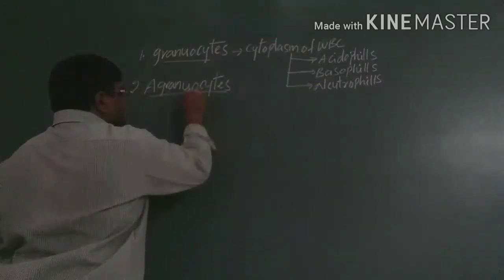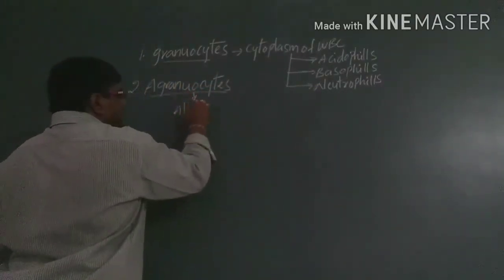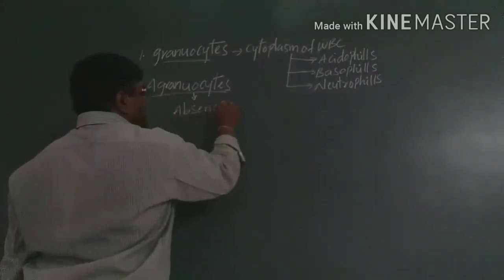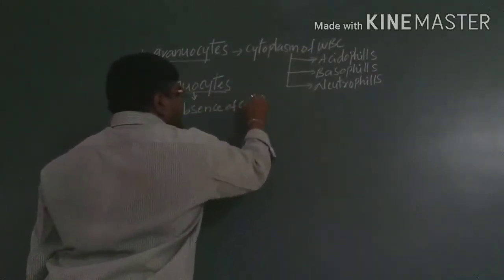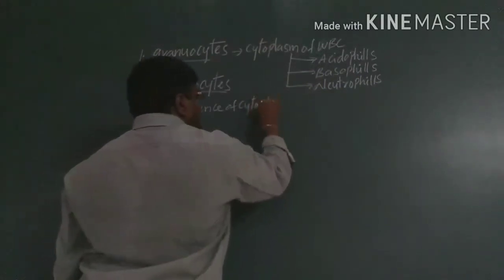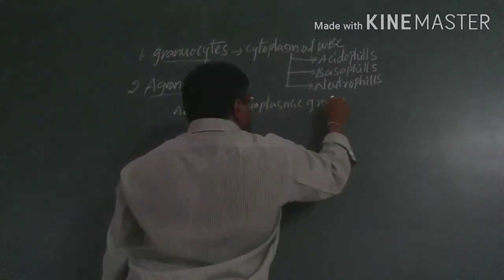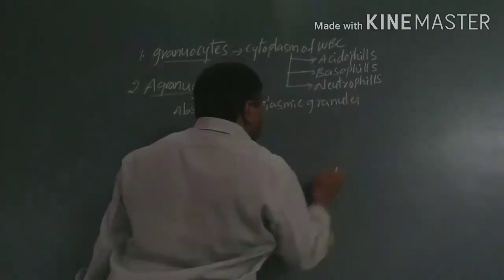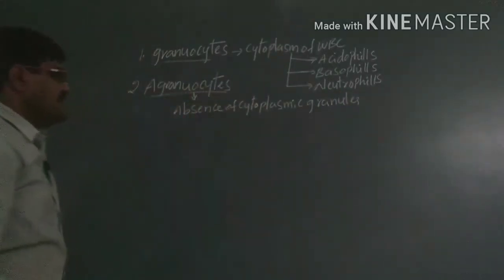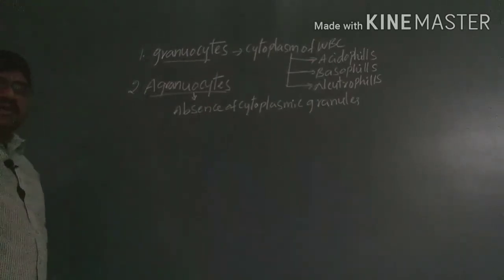Here A means absence of the cytoplasmic granules. This type we call agranulocytes. A means absent granules.